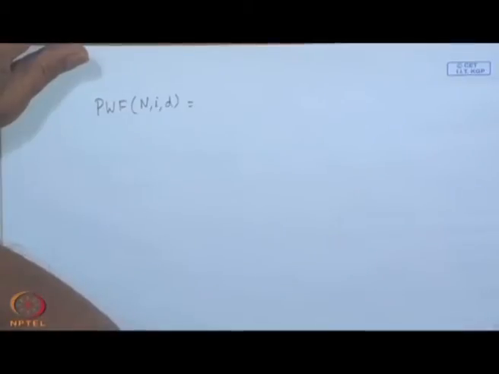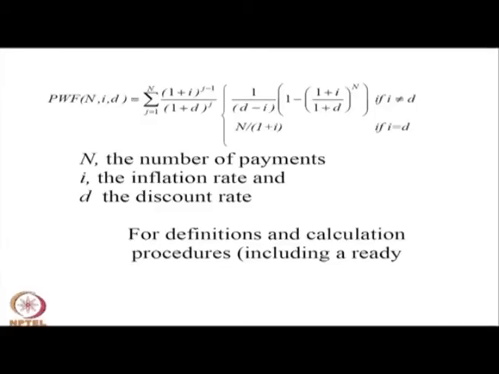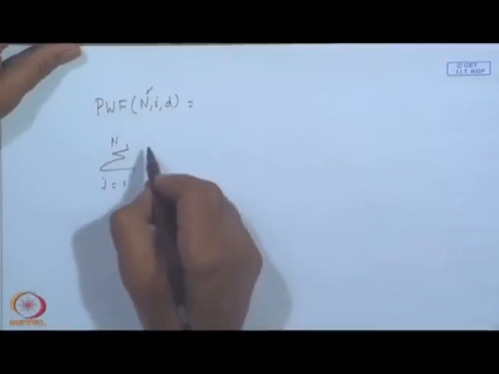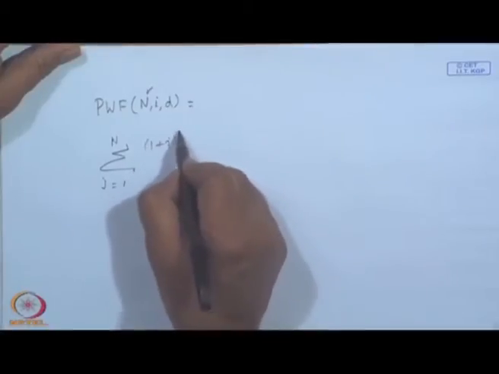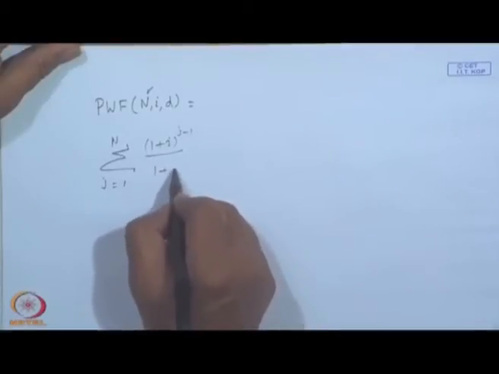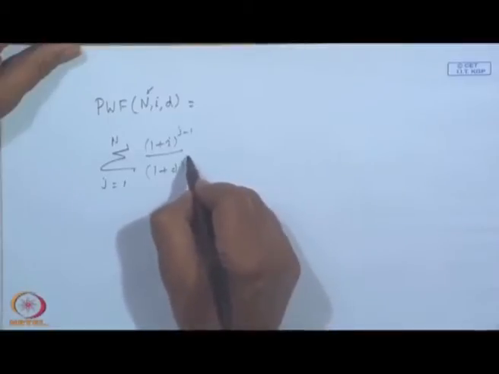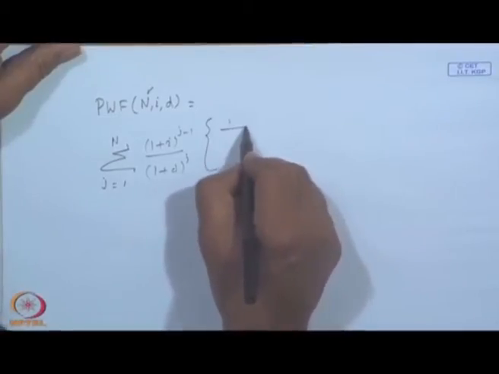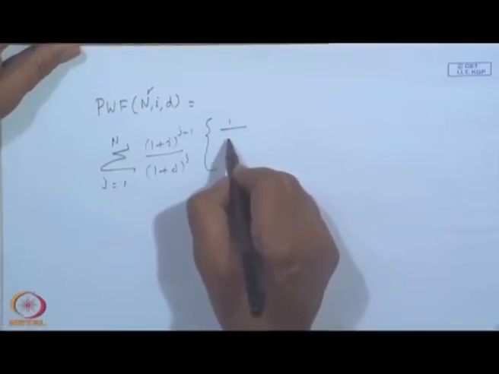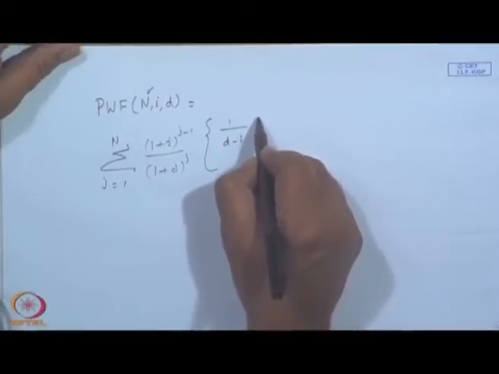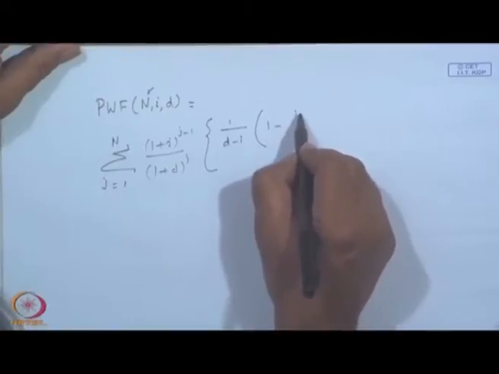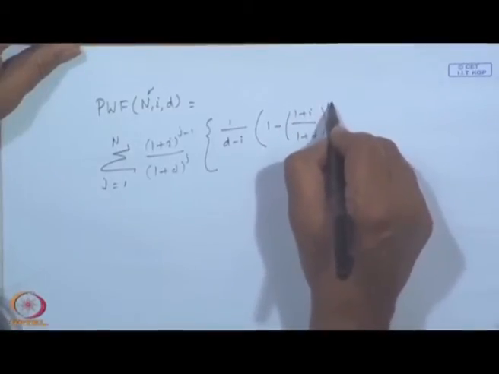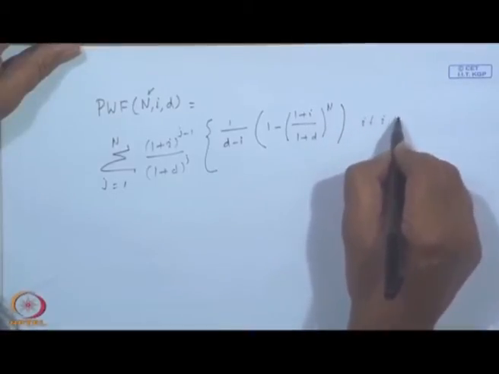Is calculated from sigma j is equal to 1 to n, that is the total number of events, (1 plus I) to the power j minus 1 by (1 plus d) to the power j, which equals 1 by d minus I times 1 minus ((1 plus I) by (1 plus d)) to the power n, if I is not equal to d.